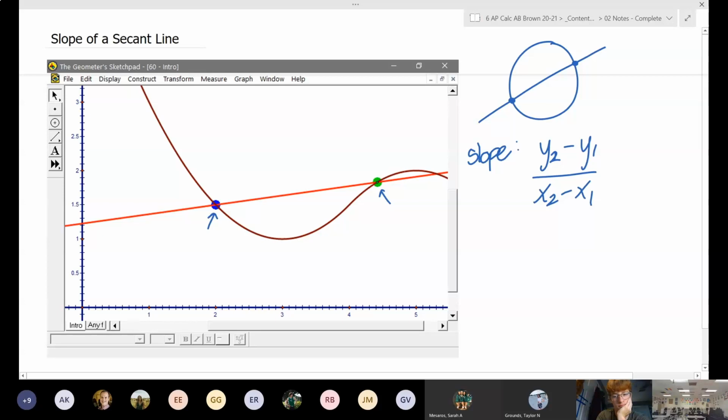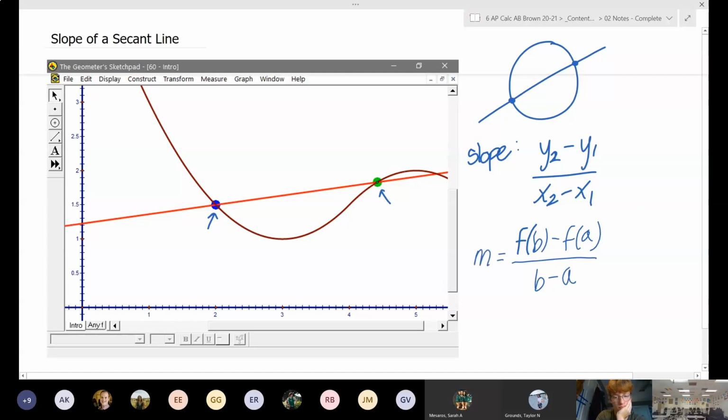In calculus, we tend to write this a little bit differently. We'll write it as f of b minus f of a all over b minus a. But again, that is just slope.